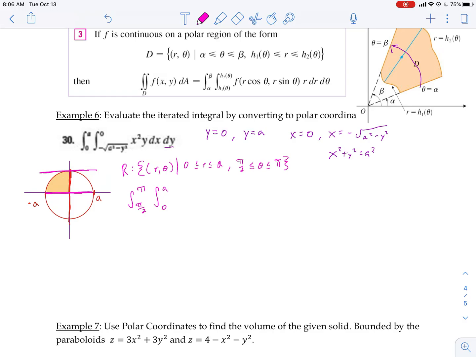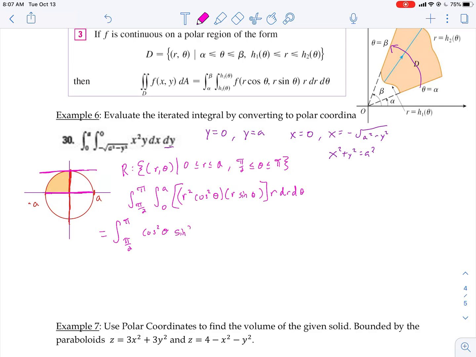Now we're going to substitute in. x squared is going to be r squared cosine squared theta. y squared is going to be r squared sine squared theta. And then on the outside of that is going to be r dr d theta. Let's go ahead and break up the integral because they're just products of one another.